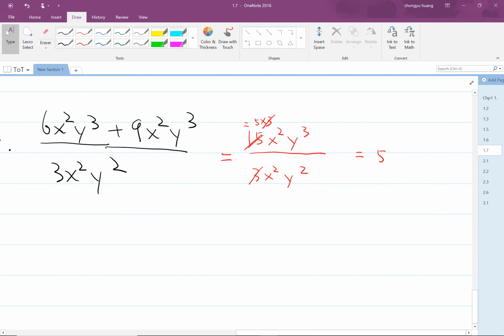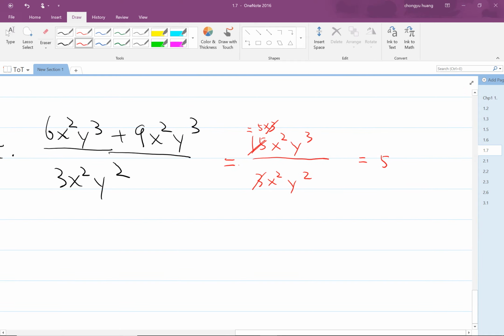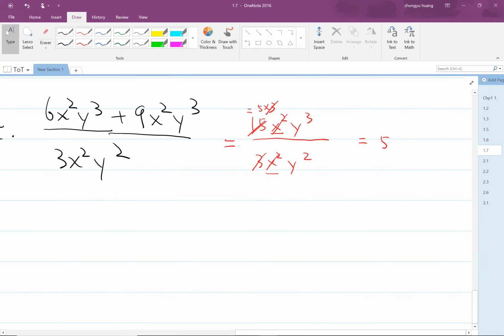And then if you see x, at the numerator it has an x squared, and on the denominator it also has an x squared. So in this case it's gonna get cancelled. So basically, x to the power 2 over x to the power 2 simplifies as 1, right?